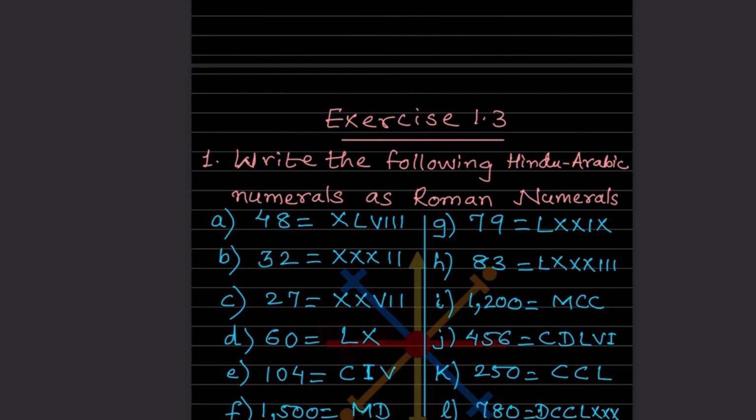Now look here, 104, you know 100 is C, and 4 means IV. 1500. 1500 means 1000, you know that is M, and 500 is D. Now comes 79. 79 means LXX is 70, and this is IX, 9. 83. Then 1200. 1000 is here, 200 over here.